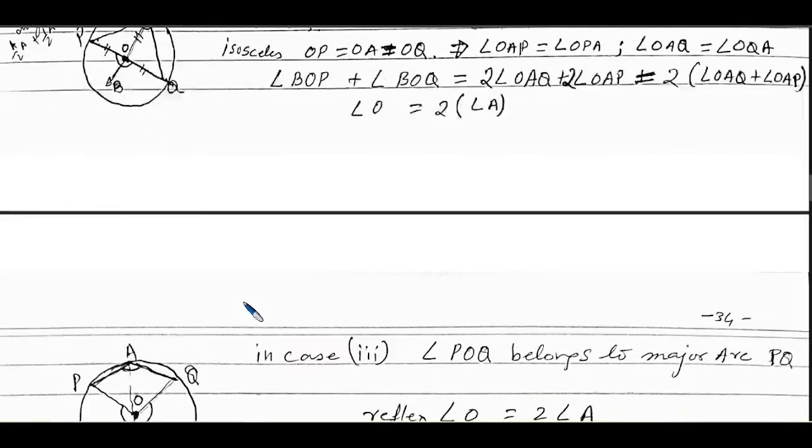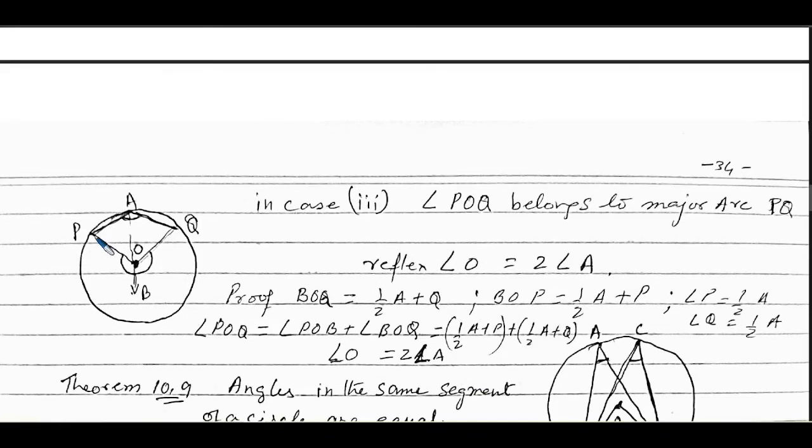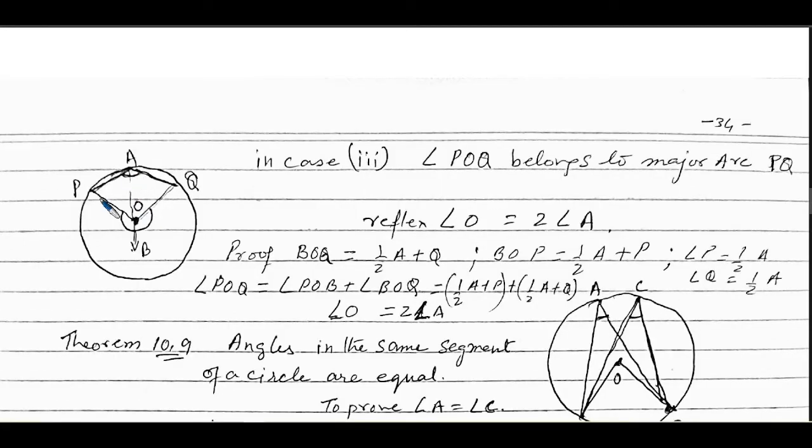But there is case 3, suppose it is more than 180, then what is this angle? So I bisect this and bring it here, and I make two triangles here. This is the radius, this is radius, this is radius. Since this is an isosceles triangle, this is an exterior angle.